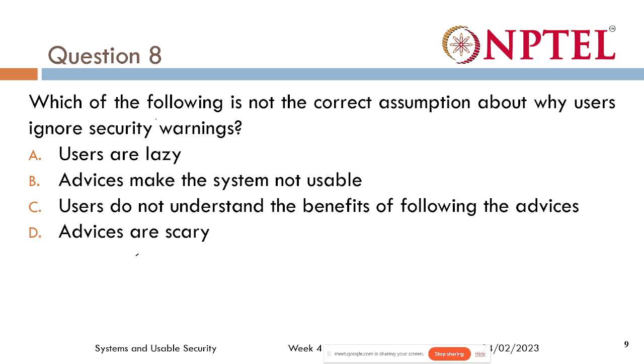C. The correct answer is option D. They assume that the advices are scary, so they tend not to follow them, not even look at them. C can also be a valid one.